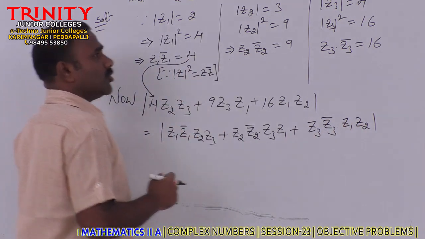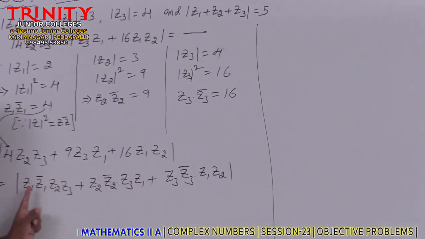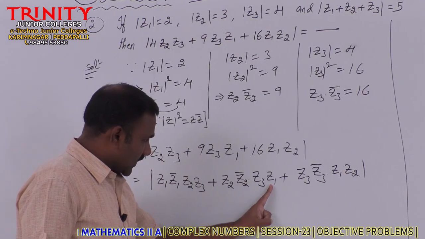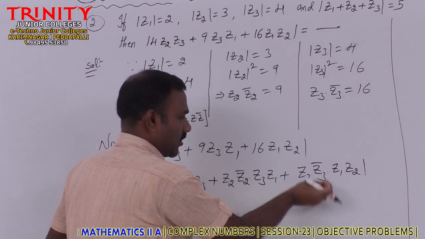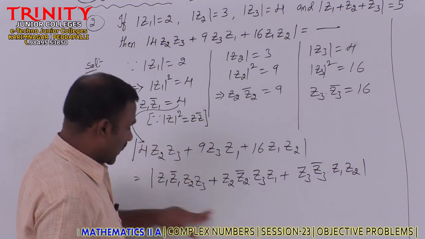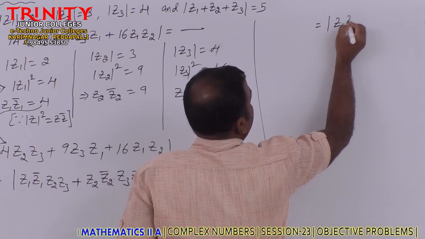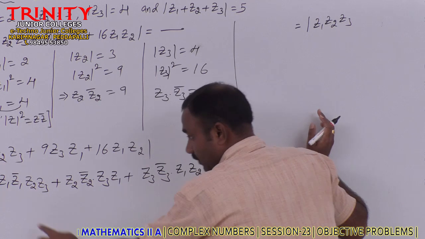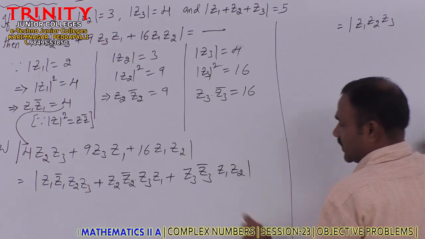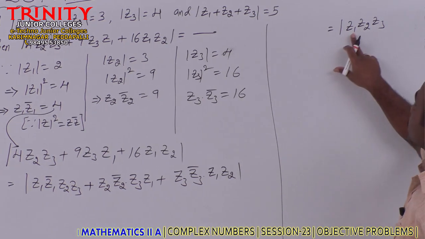See, what do you observe from this? Here z1 z2 z3 is there. In the second term also, z1 z2 z3 is there except conjugates. In the third term also z1 z2 z3 is there. Therefore, in all three terms the common term is z1 z2 z3.